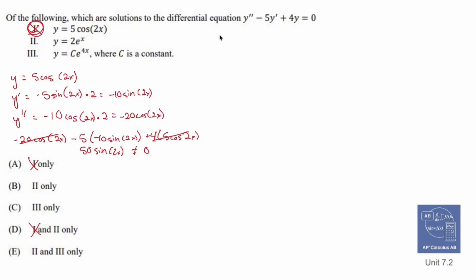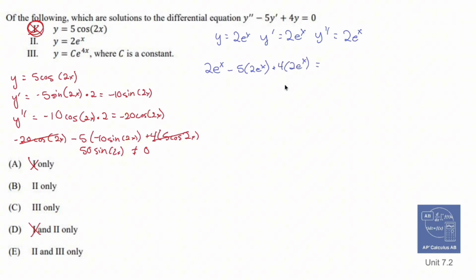Option number 2 gives us a y of 2e to the x. This is easy. Y prime is also 2e to the x, and y double prime is also 2e to the x. So when we plug it in, we have y double prime, which is 2e to the x, minus 5y single prime, so times 2e to the x, plus 4 times regular y, which is 2e to the x.